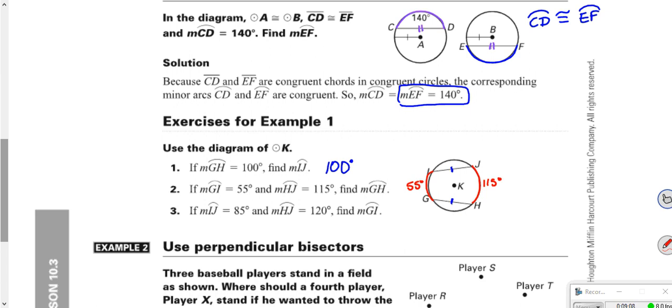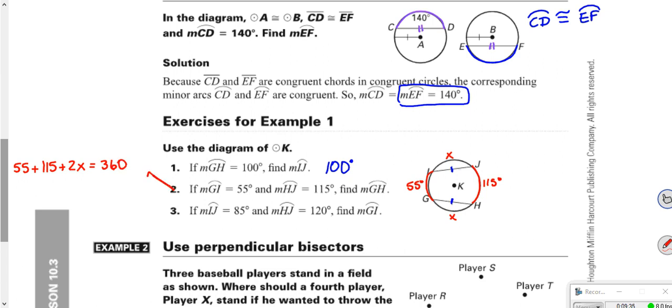Okay. Find measure of GH. Well, let's just label it here. If GH is X, then wouldn't IJ also be X? So then our equation here for number 2 is going to be 55 plus 115 plus 2 X's equals 360. Do you all see that?